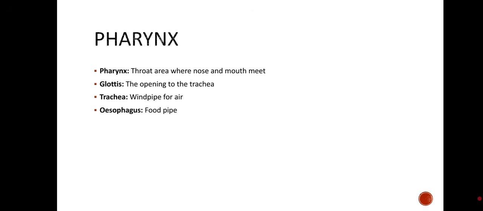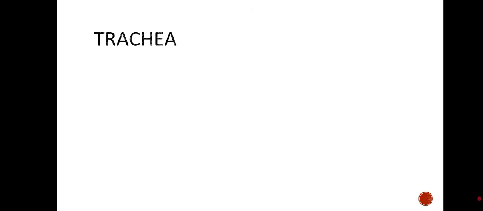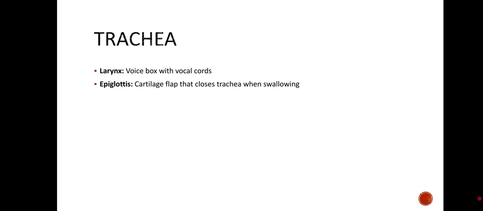Okay, then after that we're moving on to the trachea itself. The trachea is a long tubular structure located at the front of the esophagus, right? The trachea contains the larynx, and the larynx is a voice box with vocal cords, located at the top of the trachea.